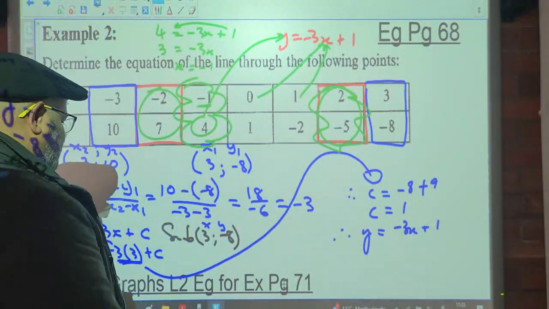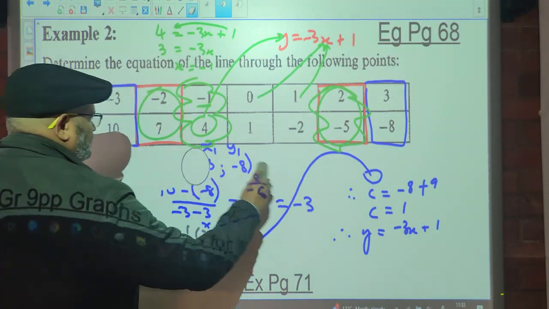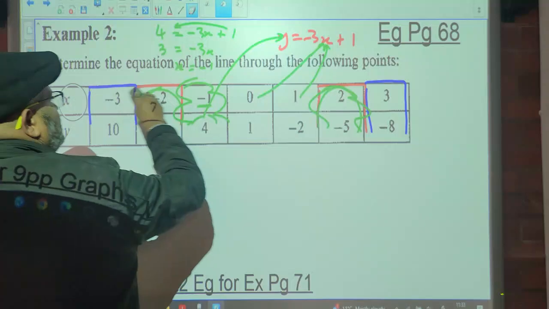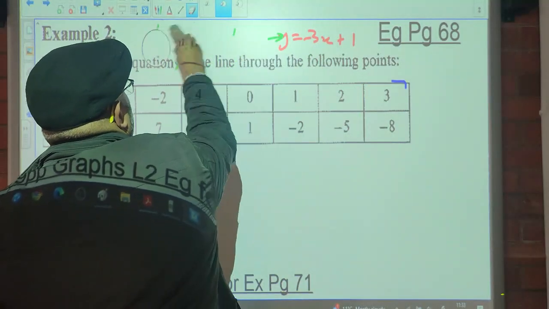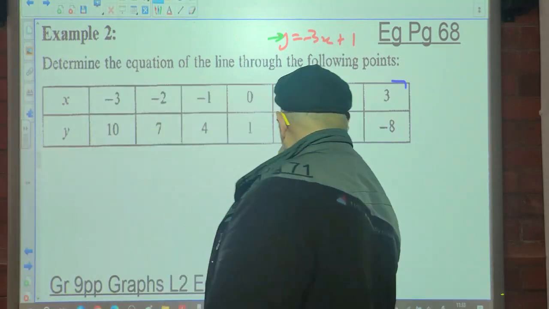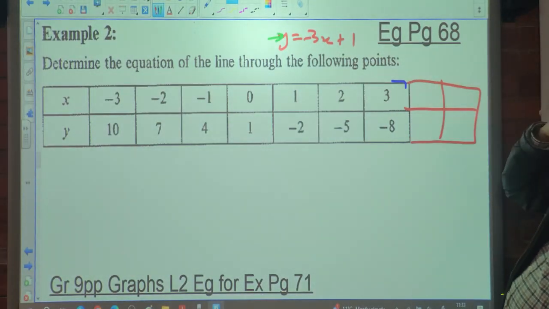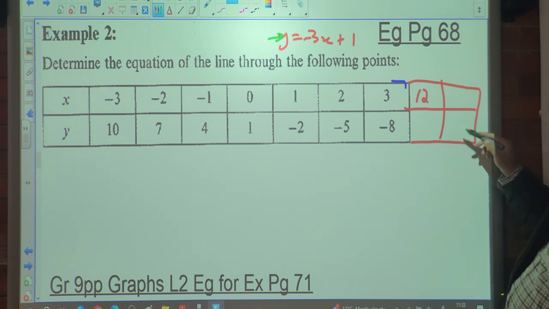So I could have extended this and say, okay, here we have another 2 points on the graph. Let's say this is 12 and this is negative 29.